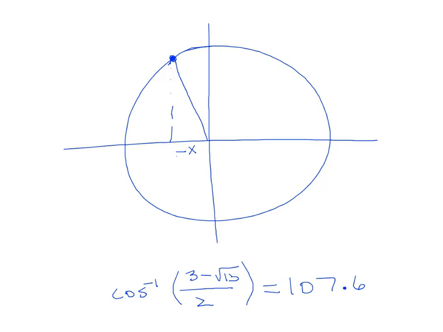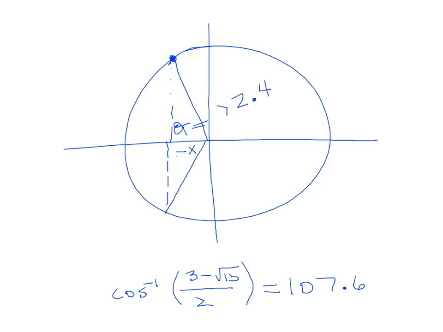So the other quadrant where the cosine is negative is quadrant 3. So I find my reference angle. My reference angle is 180 minus that, so that gives me 72.4. So theta sub r is equal to 72.4.